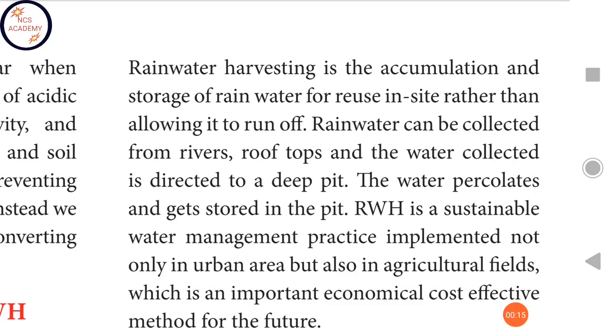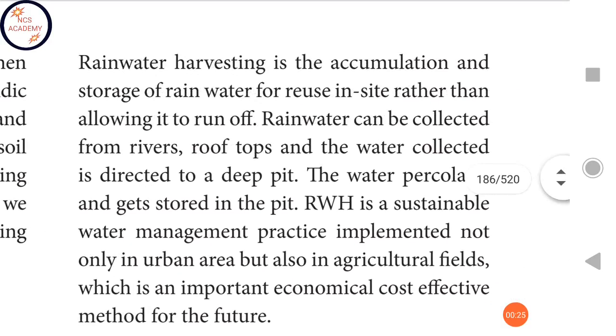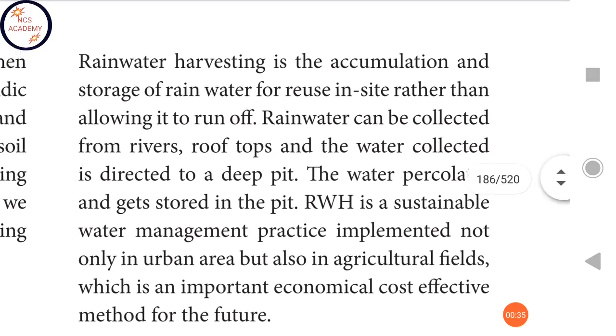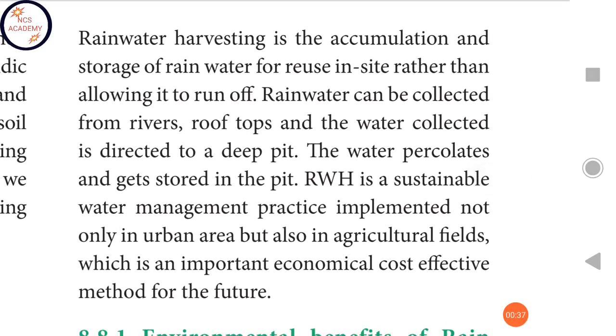Rainwater can be collected from rooftops, and the water collected is directed to a deep pit. The water percolates and gets stored in the pit. Rainwater harvesting is a suitable water management practice implemented not only in urban areas but also in agricultural fields, which is an important, economical, cost effective method for the future.